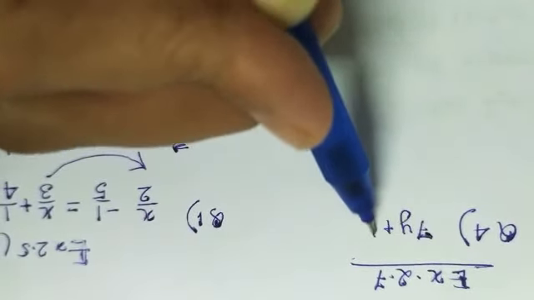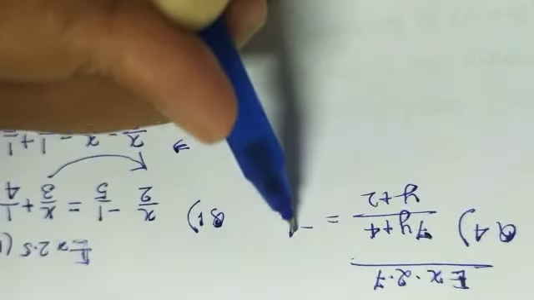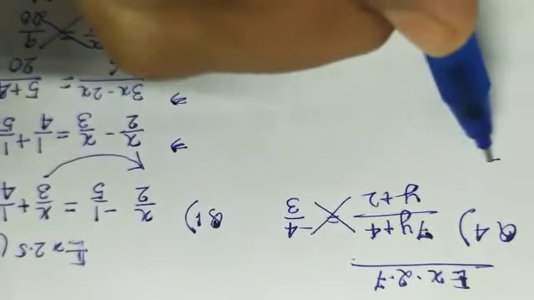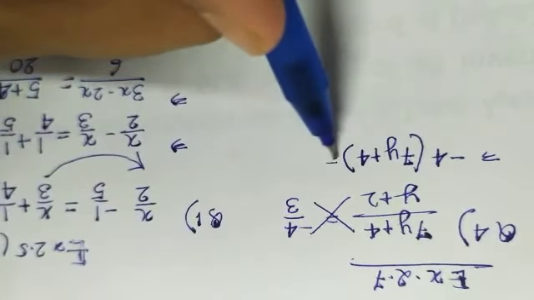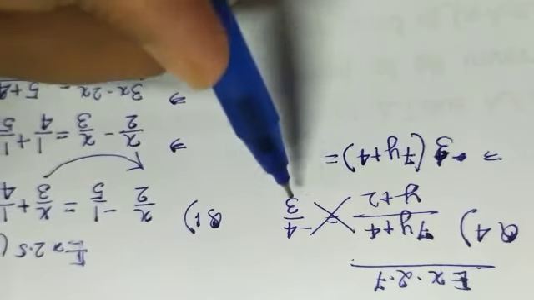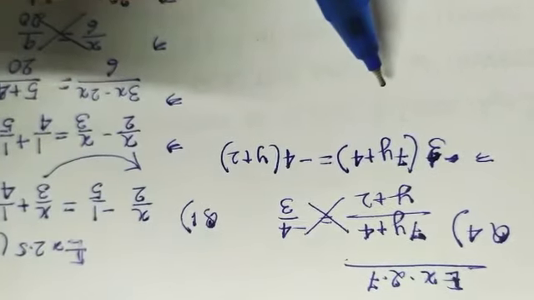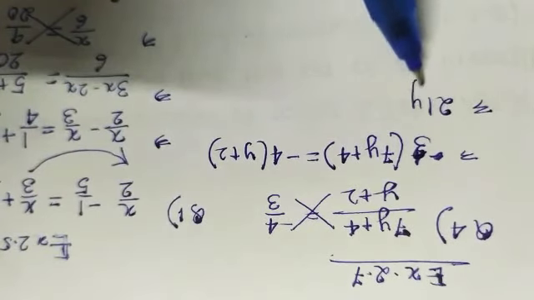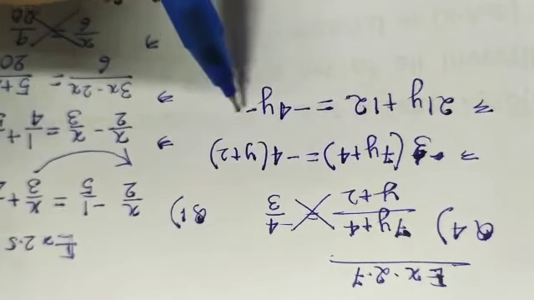(7y plus 4) divided by (y plus 2) equals to minus 4 by 3. So the divided form is there, so we need to cross multiply it. Minus 4 into 7y plus 4. Sorry, this should be 3. Sorry, by mistake, it was 3. So minus 4 into y plus 2. 3 7s, that is 21y plus 12 equals to minus 4y minus 8.